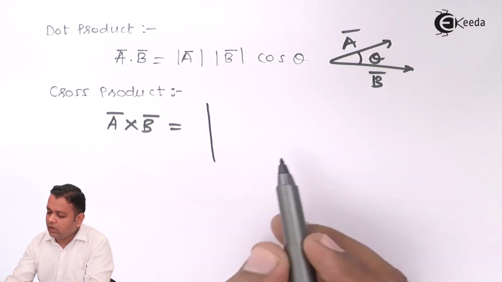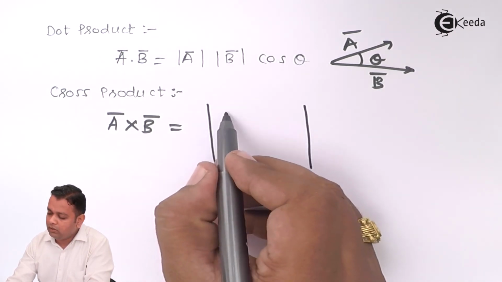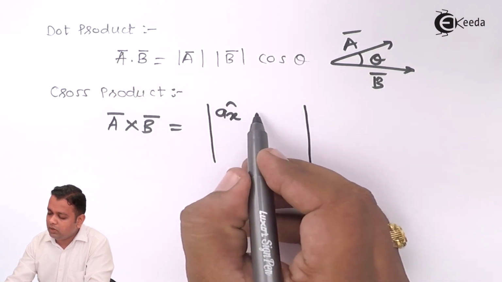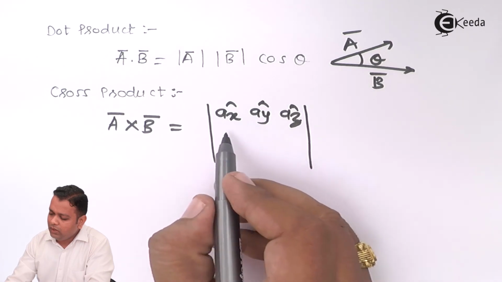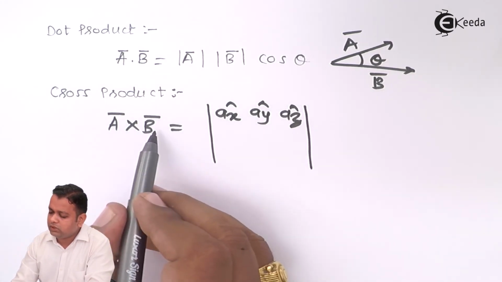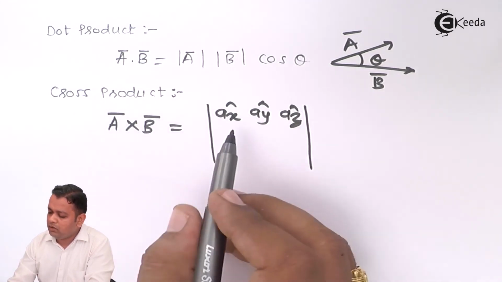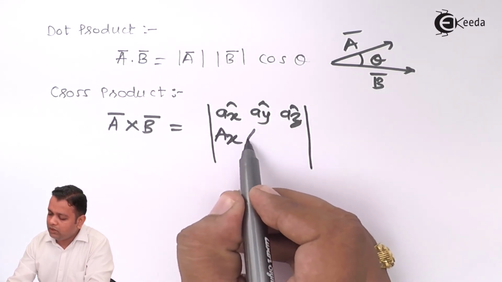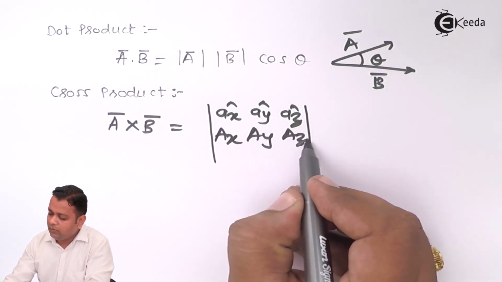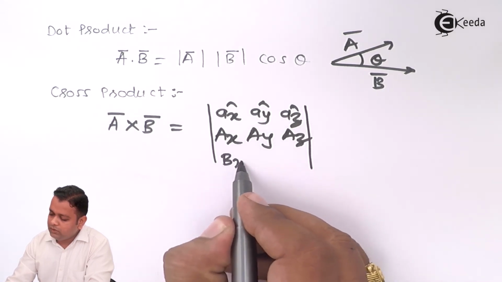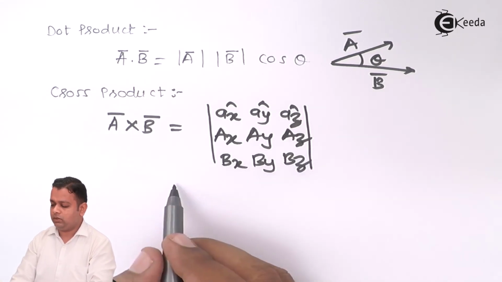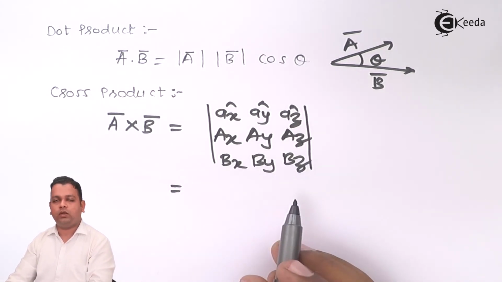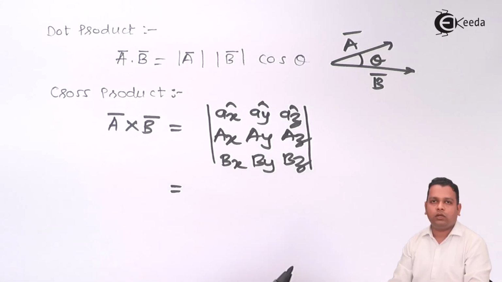Generally it is calculated by using the determinant, the first row having the unit vectors ax cap, ay cap, az cap, and the second and third rows corresponding to the coefficients of vectors a bar and b bar. So this is capital Ax, capital Ay, capital Az, capital Bx, capital By, capital Bz. Solving this determinant will give you the cross product of a bar cross b bar.